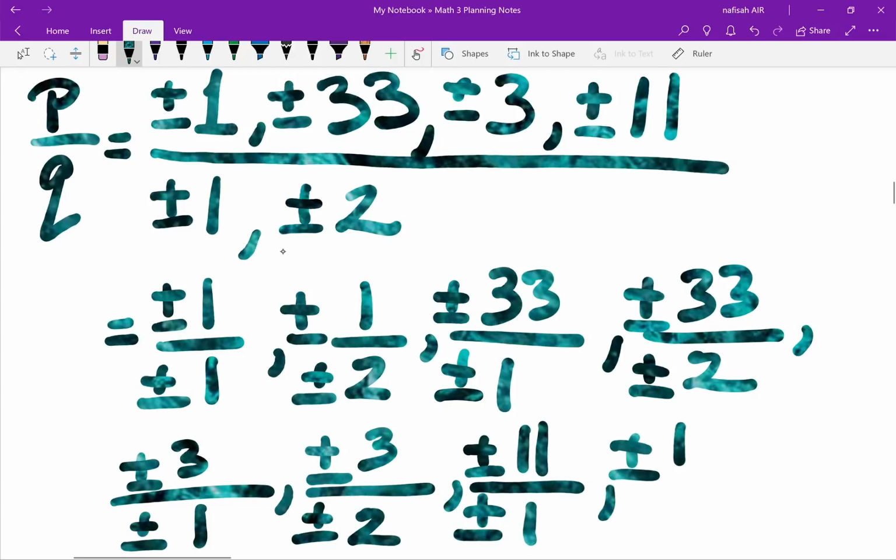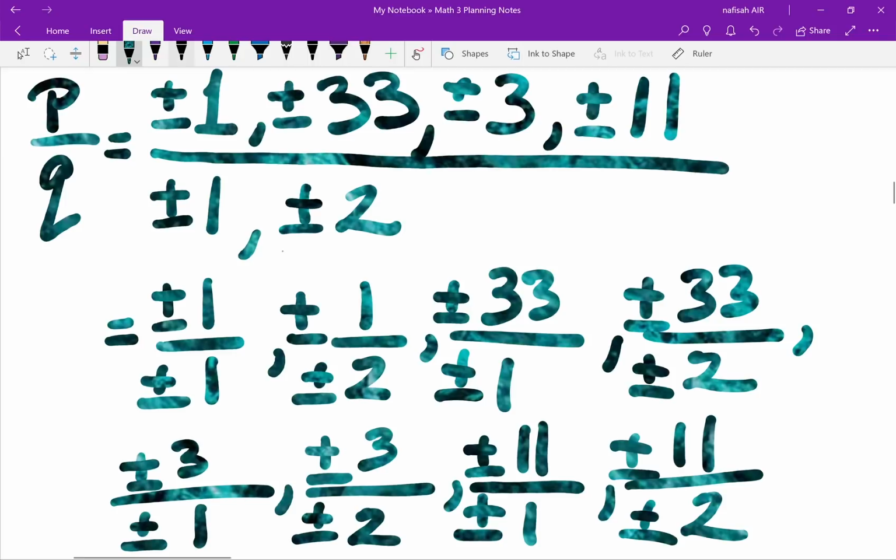Plus or minus 11 divided by plus or minus 2. I'm done. I found every possible rational root. I've taken everything from my P's and I divided by everything from my Q's.